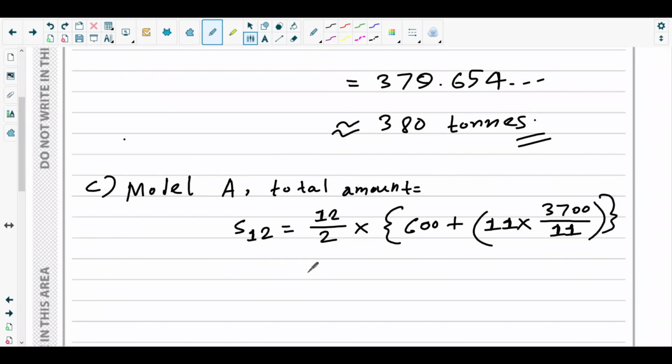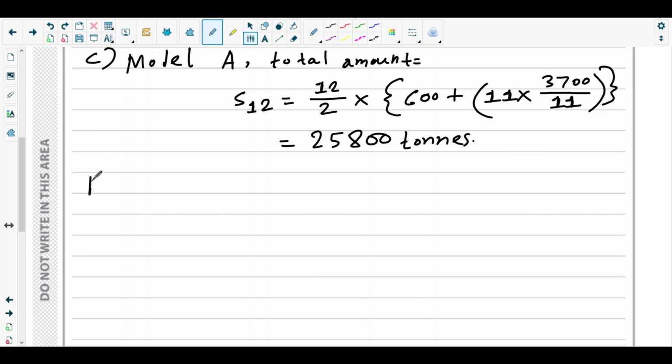Yeah, exactly. So 3700 plus 600 times 12 over 2, this is 6. So this is basically 25,800 tons.